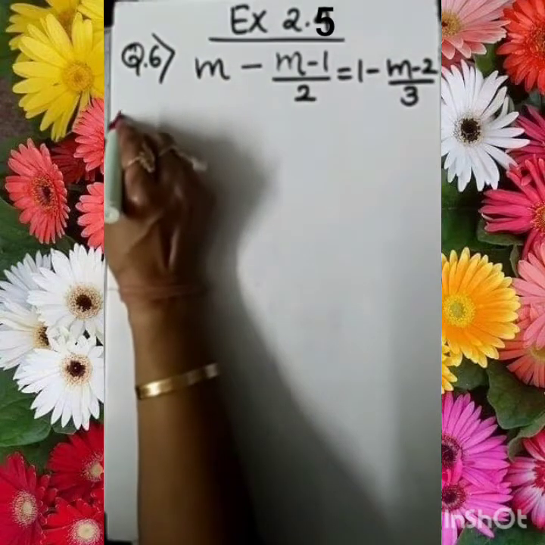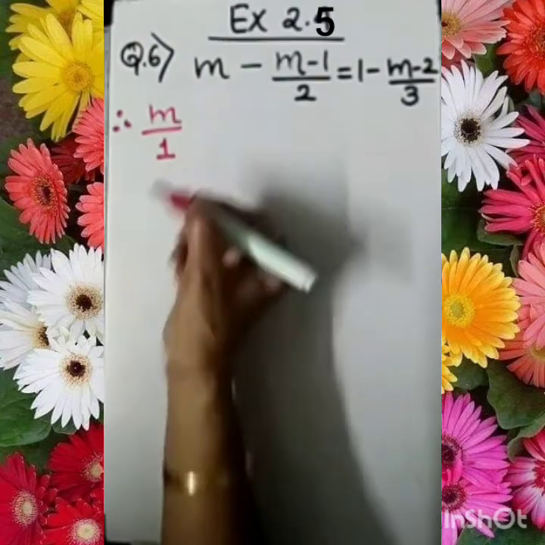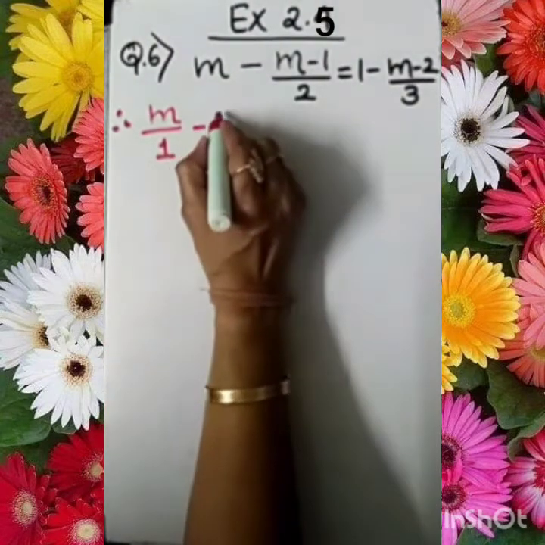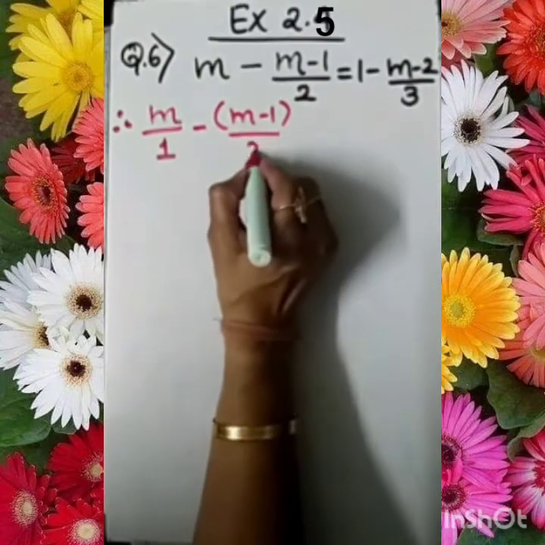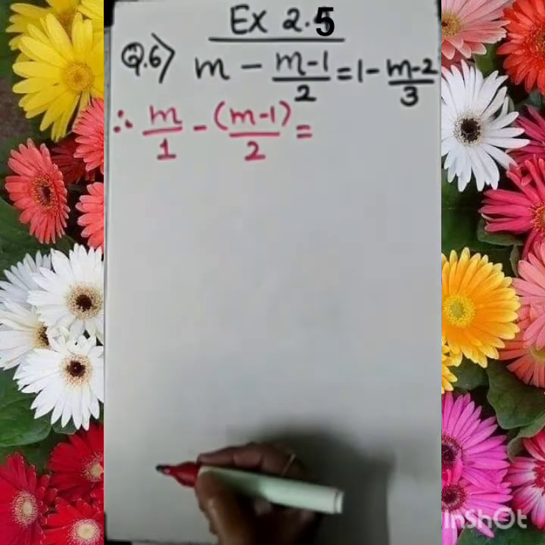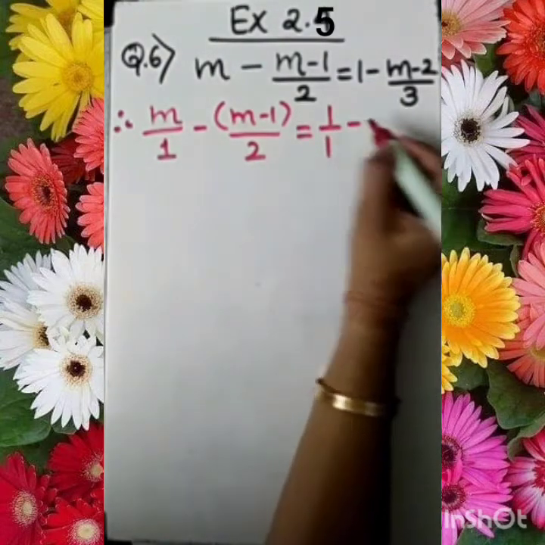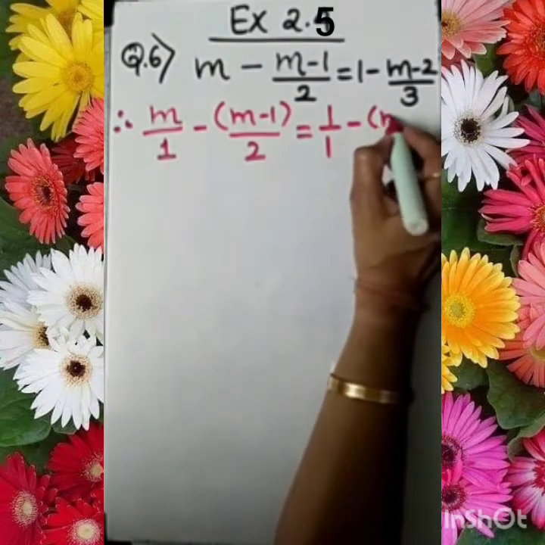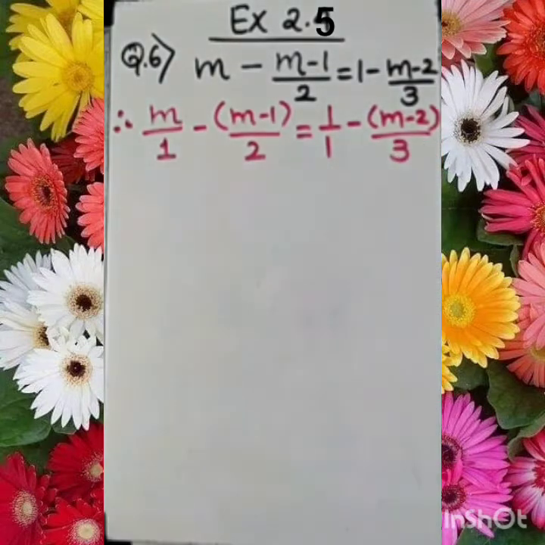As you know, here I am considering m upon nothing as 1, minus this m minus 1, I am writing in brackets divided by 2. Here this is 1, so I am mentioning it as 1 by 1 minus, here I am mentioning m minus 2 and here it is 3. That's it. Okay. Nothing else I have done.